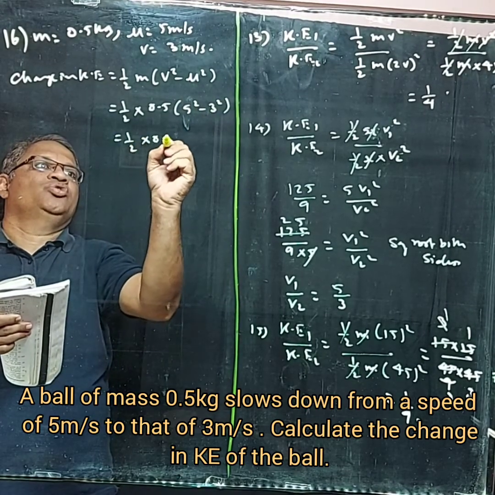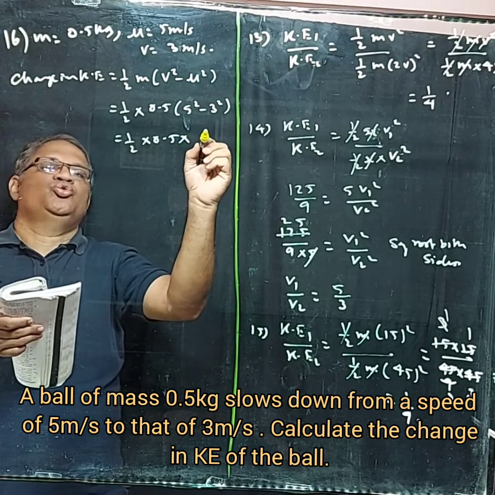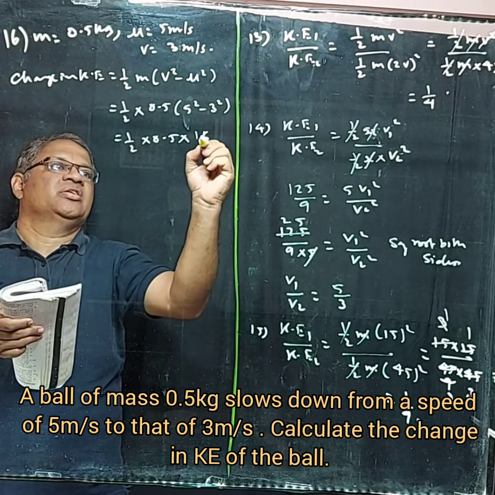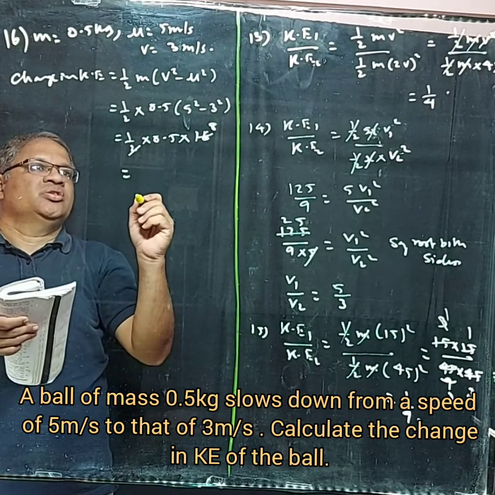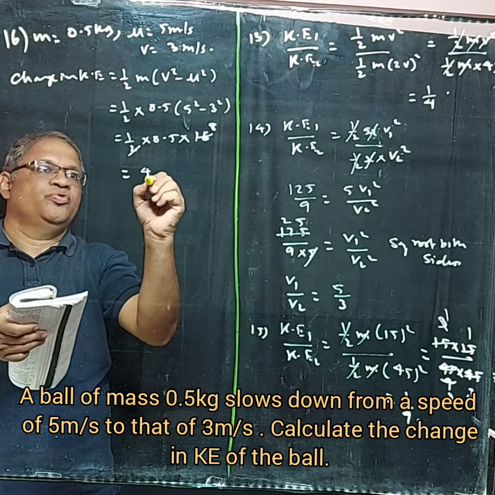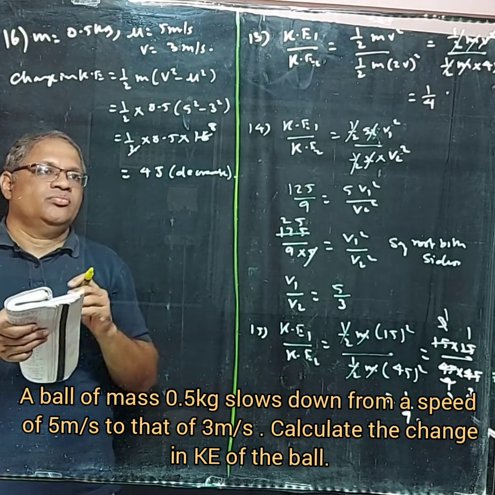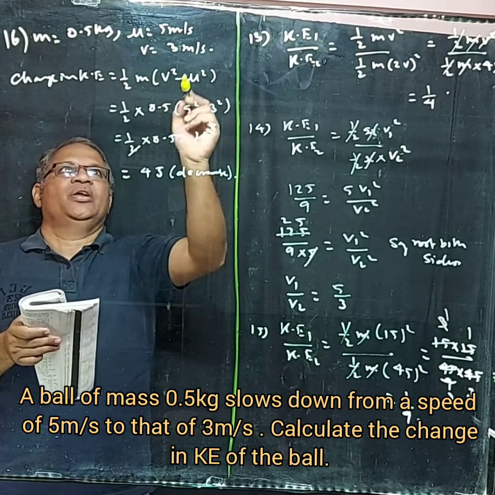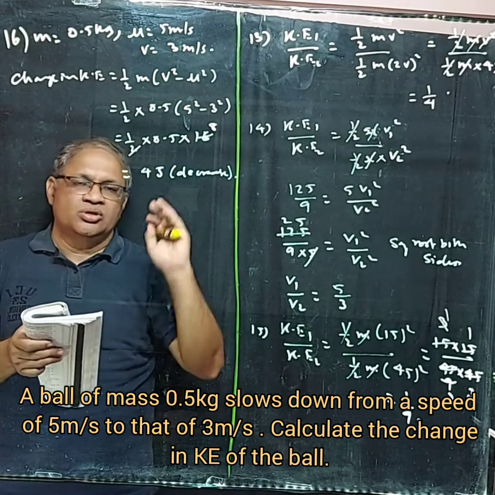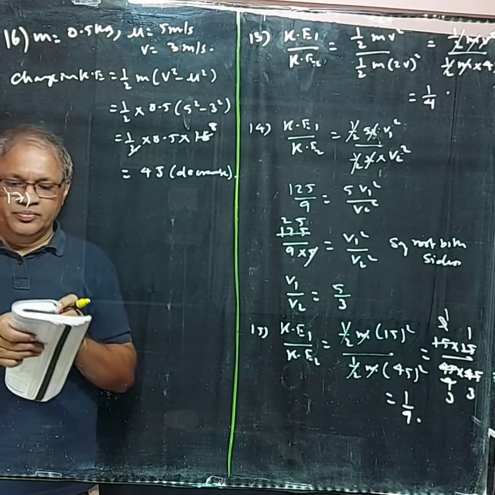So half into 0.5 into 25 minus 9. How much is 25 minus 9? It's 16. So 2 8s are 16, so it is 4. So 4 joule decrease, because otherwise it comes minus, you know. See the formula, you get minus terms. So just say decrease.